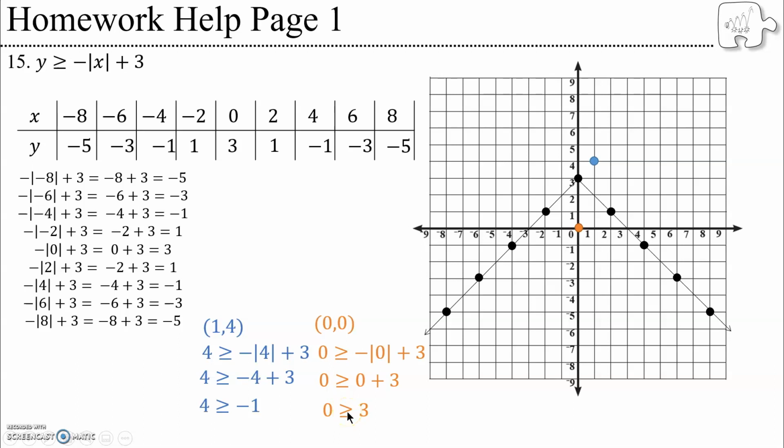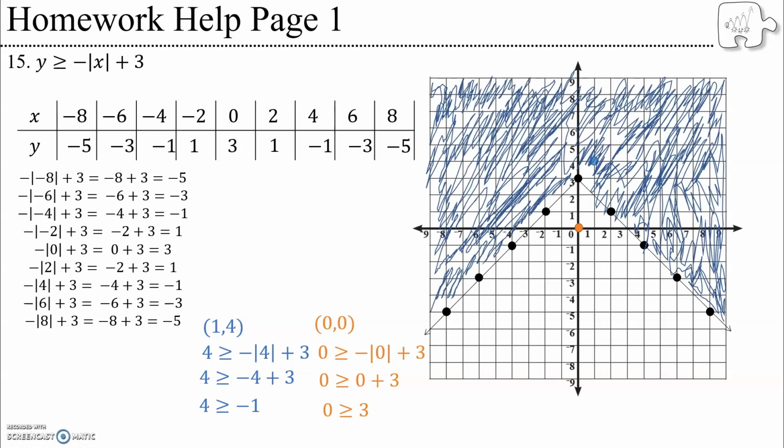And 4 is not bigger than -1... 0 is not bigger than 3, but 4 is bigger than -1. So we see this blue dot is above the shape, so we're going to shade everything above this V shape. And then we have problem 15 done.